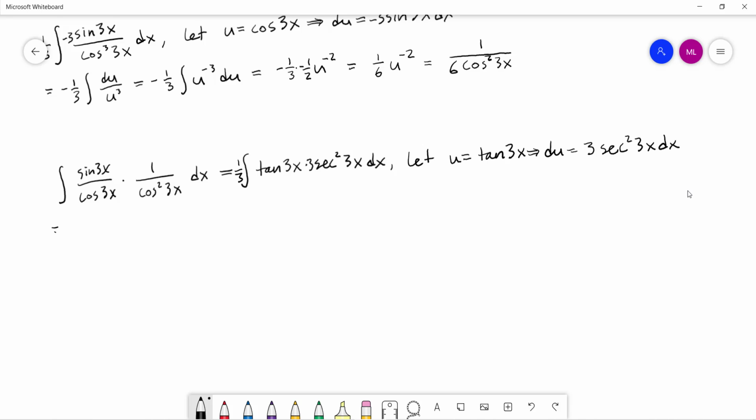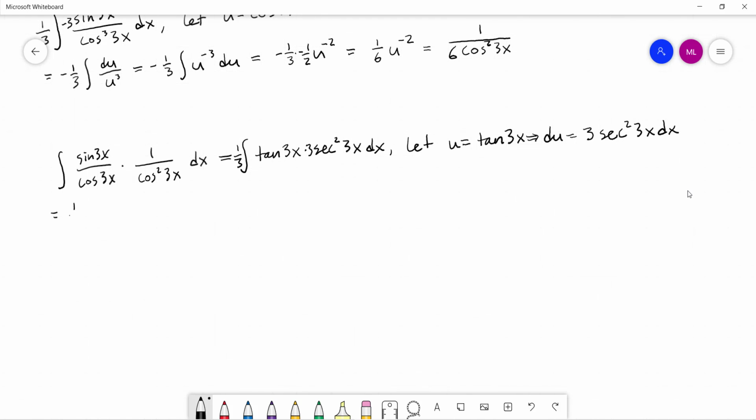And so what I'll get in that case is, let me just write it all a little bit more cleanly. I've got that 1/3 times the integral of my tangent of 3x, which is u, times 3 secant squared of 3x dx, which is the same as my du.